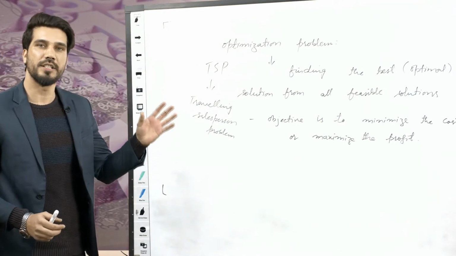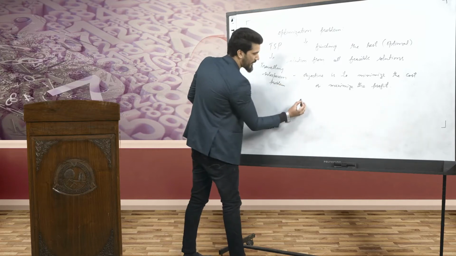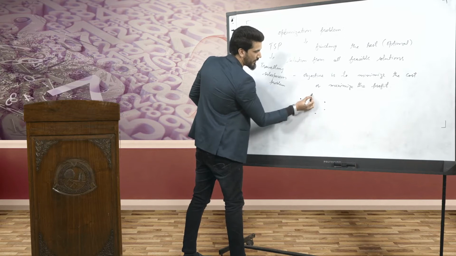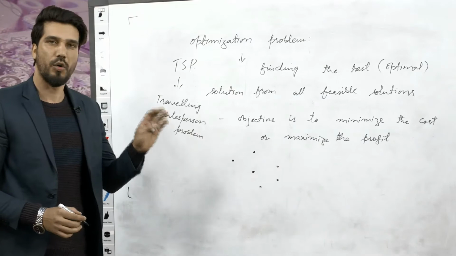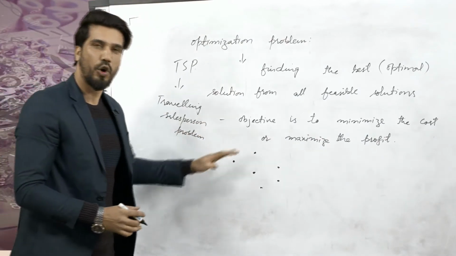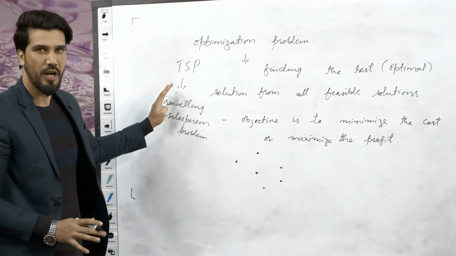Cost may be in terms of money, it may be in terms of distance. So a traveling salesperson has a set of cities he has to travel. He has to travel every city once and return to the city he started from. And our goal here is to minimize the cost of his travel. This is the traveling salesperson problem.